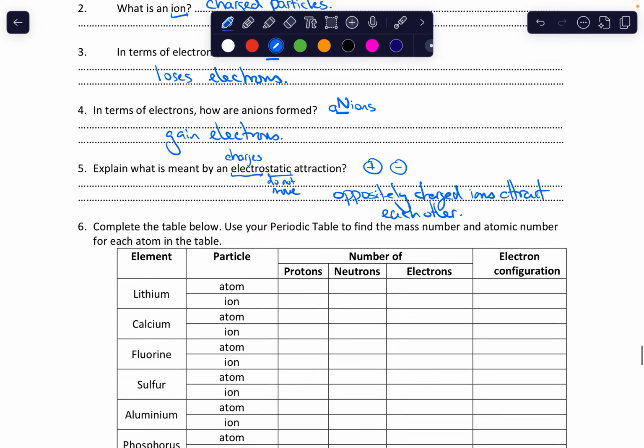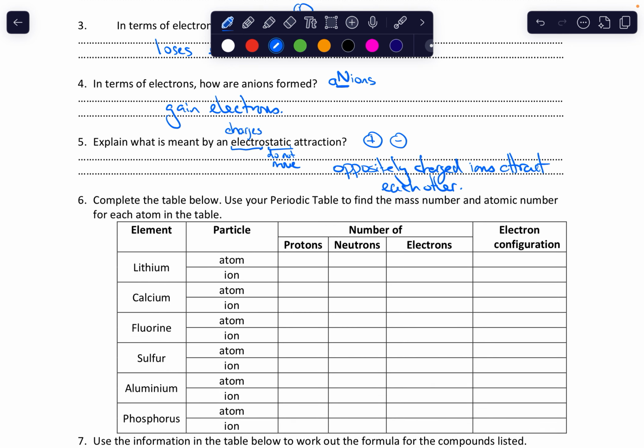Okay, table here. We have to work out the number of protons, neutrons, electrons in either an atom or an ion. So I'm going to do lithium first, as my example of a metal. So lithium, if you look it up on the periodic table, we need to know the mass and the atomic number. So it's 7 and 3.